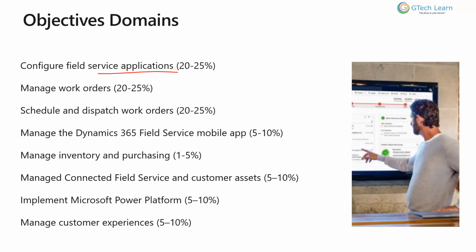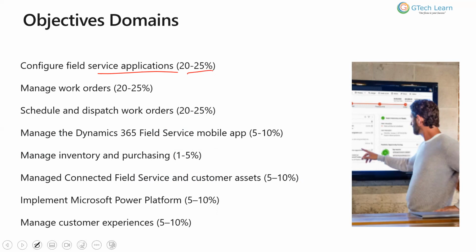This applies to scenarios where you create map configurations in field service, configure territories and so on, products related things, hierarchies of the product, inventory type products, non-inventory type products. Based on this domain, you can expect approximately 20 to 25% of questions in your exam.